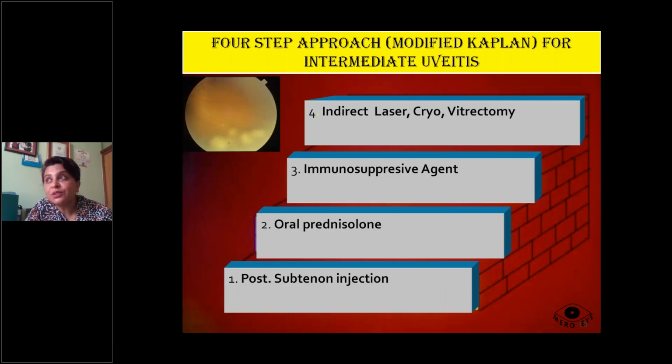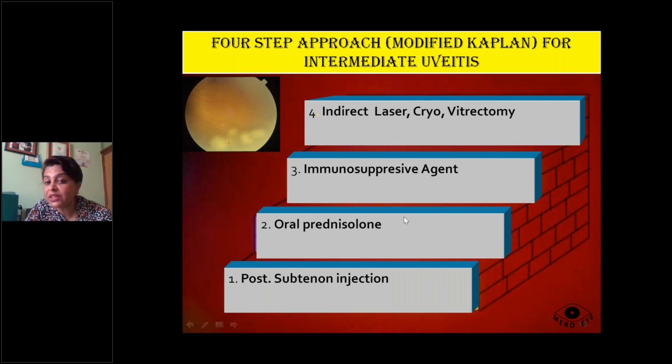When we move to intermediate uveitis treatment, we have the Kaplan's model, which was there from long before, from more than a decade, but this has been modified, where the immunosuppressive agent that was at the topmost level has come down to number 3, and even in many cases now the immunosuppressive agent has been kept as the second line of management in a case of intermediate uveitis, because many of the time intermediate uveitis is idiopathic in origin with no associated infectious disease.